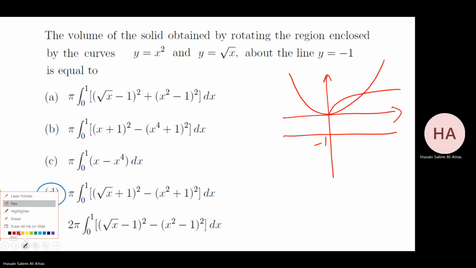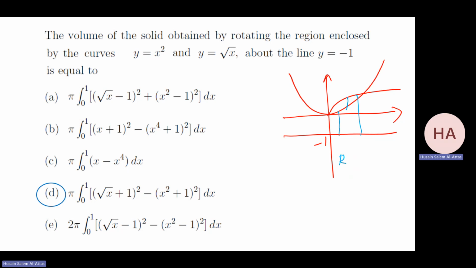And so this will be my line. So for sure, I have the washer method where I have this. This is the outer radius. This is the inner radius. So R in terms of what? In terms of x. R of x will be what?